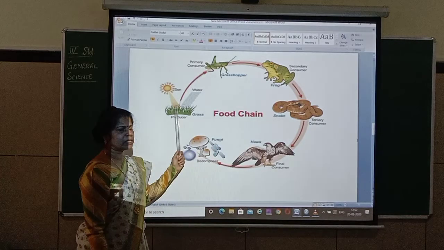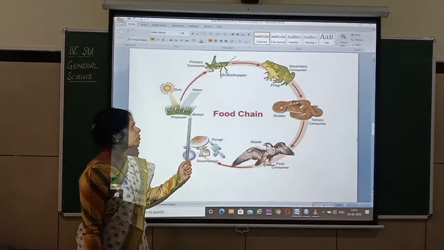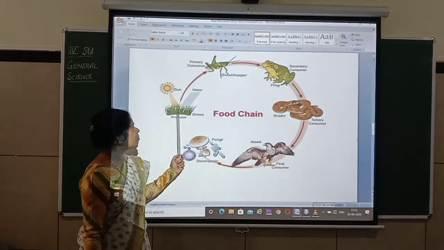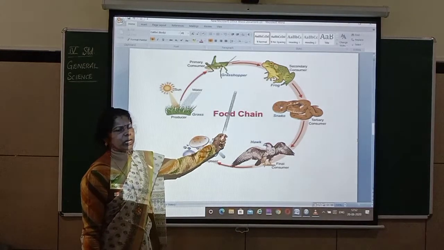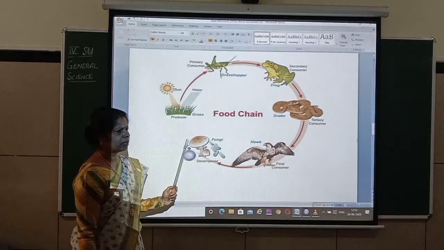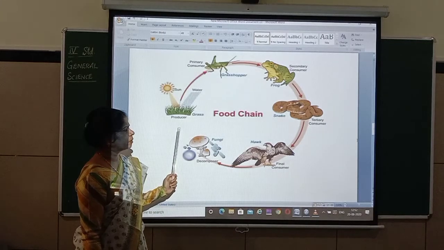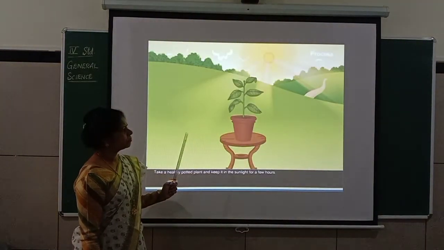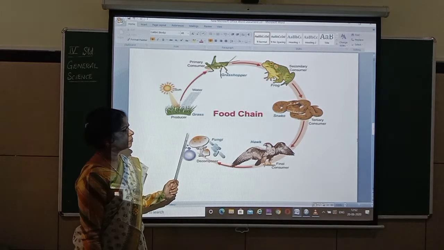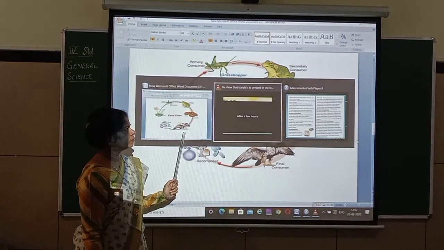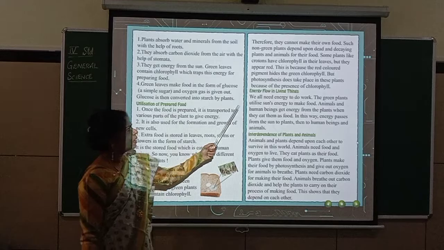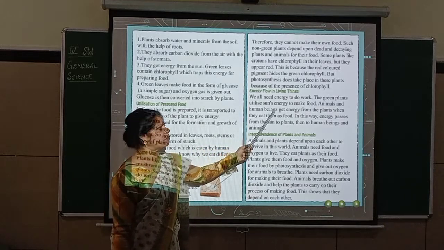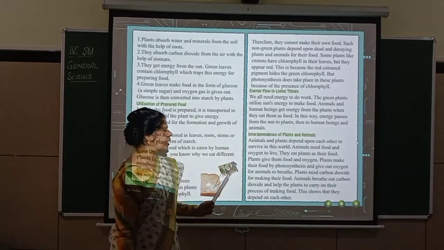This is called a food chain, wherein the food energy flows from one organism to the other organism. So that is how the energy is flowing from one organism to the other.